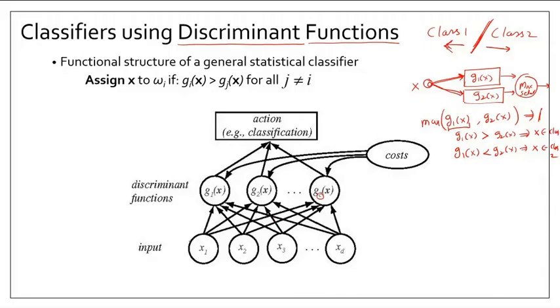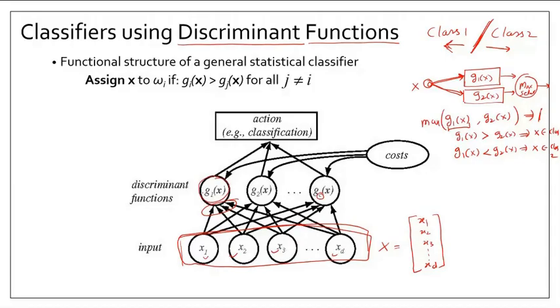The input feature vector x is this complete thing, and these are the individual elements in x. I can write x as a vector like this: x1, x2, x3, and so on up to xd. These connections shown here are the input nodes of this system. For every node, say for g1(x), I am receiving the complete x. For the second also I am receiving complete x, and for the rest also.